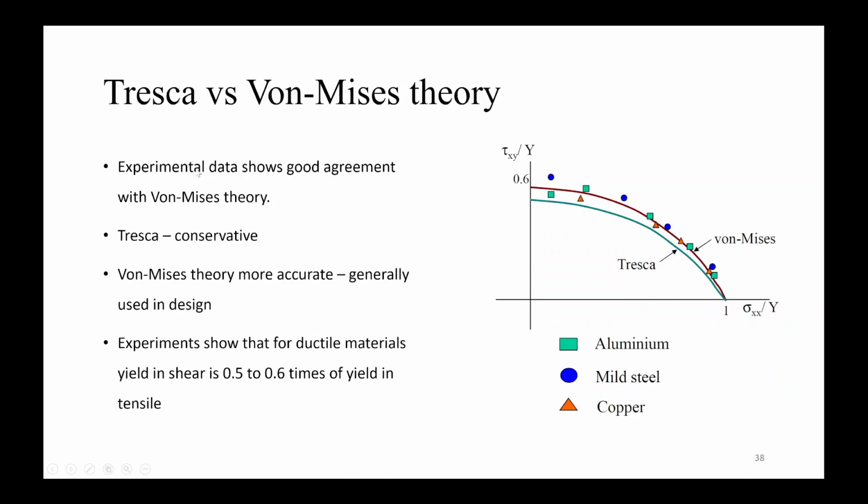So experimental data shows good agreement with von Mises theory, which works on strain energy theory, compared to maximum shear stress in case of Tresca. Tresca is conservative compared to von Mises, and von Mises theory is more accurate and generally used in designs. Now experiments show that for ductile materials, yield in shear is 0.5 to 0.6 times of yield in tensile.